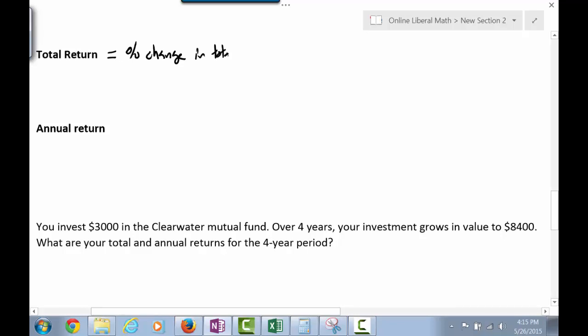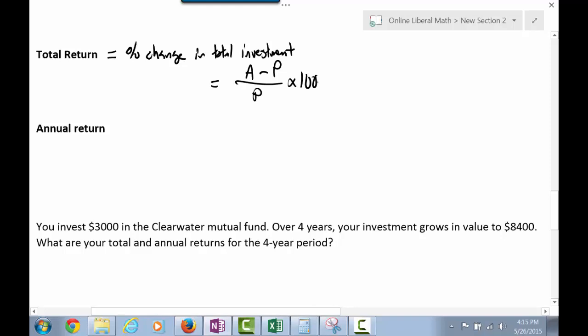A formula for that would be your ending amount minus your starting amount, divided by your starting amount, times 100. That would give me the total return that I got off that investment.